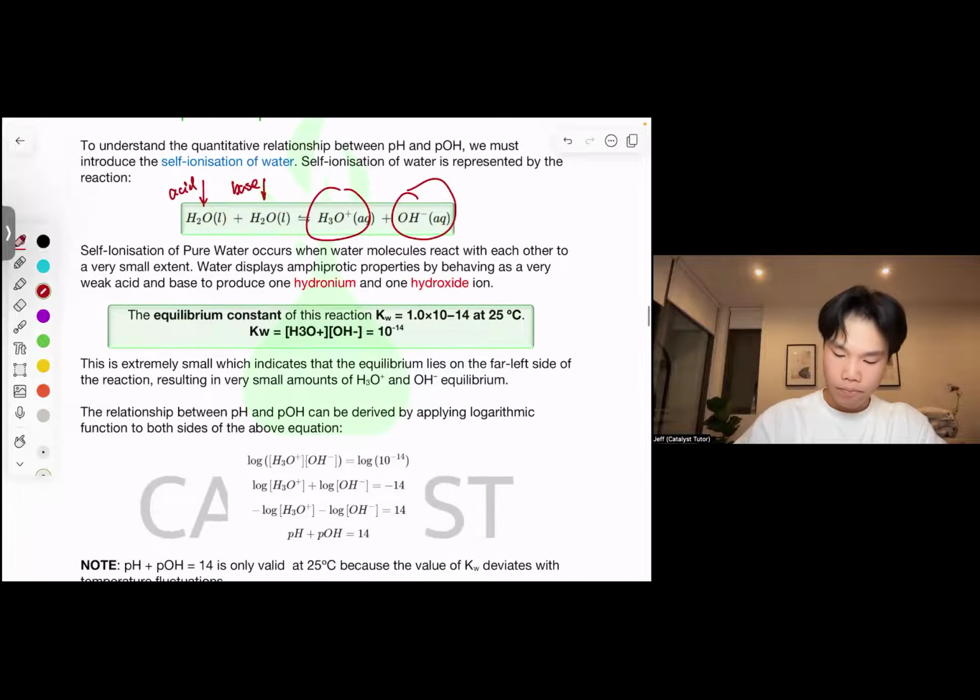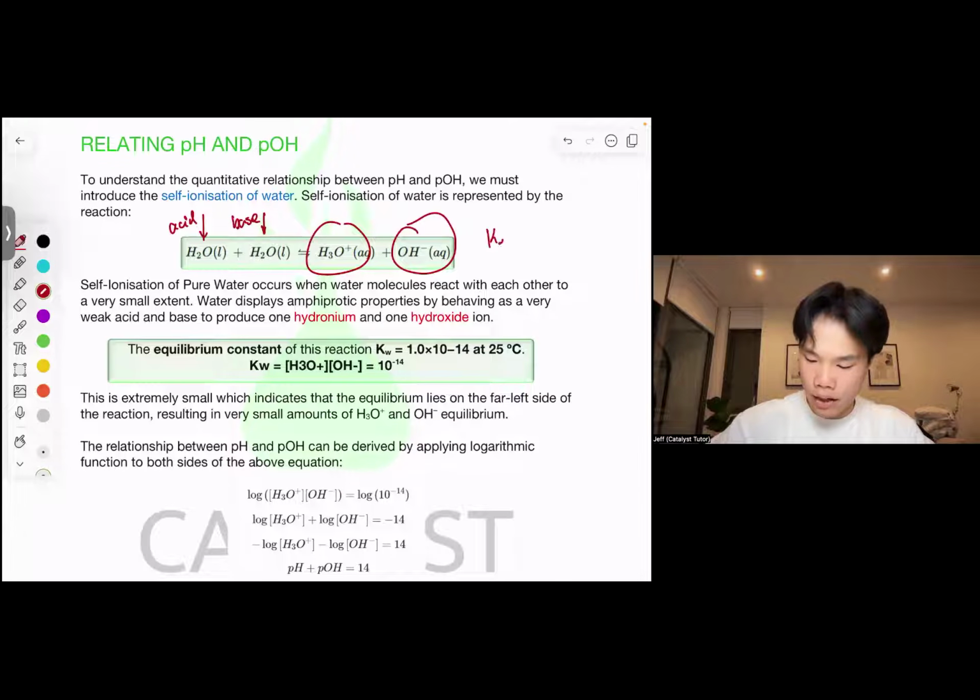So we can make an equilibrium expression. As we know, Keq is equal to concentration of products over concentration of reactants. And the Keq expression is going to be H3O+ for this reaction times OH-. So why did I leave out water? Why can I leave out water from this Keq, or why should I?